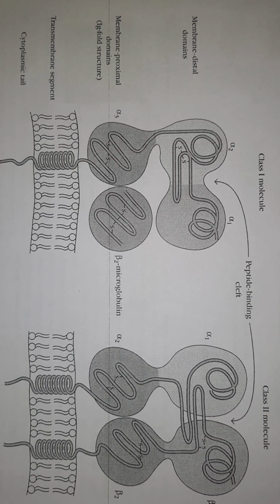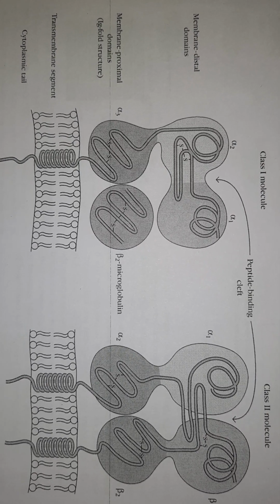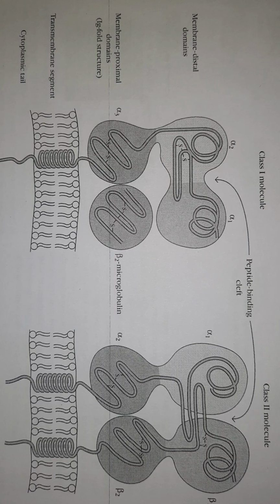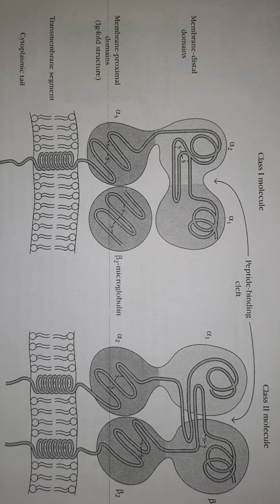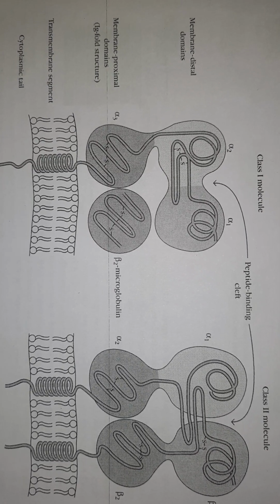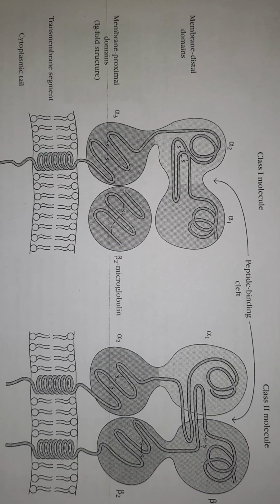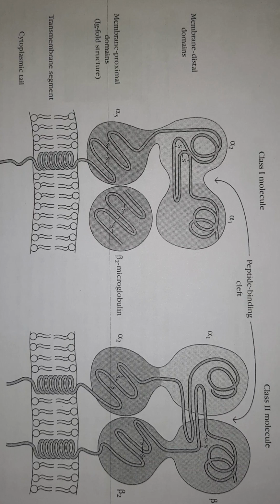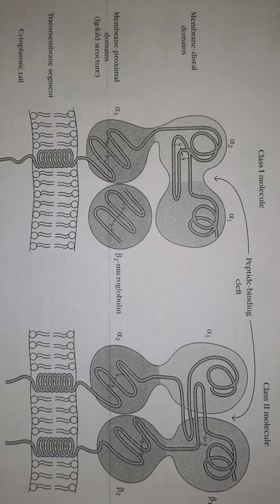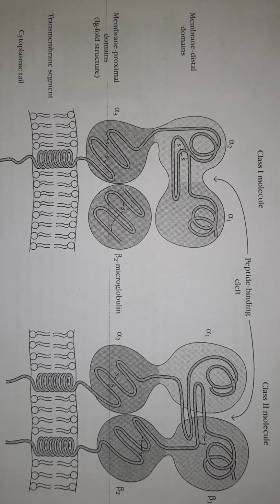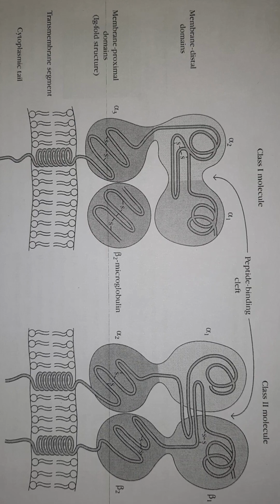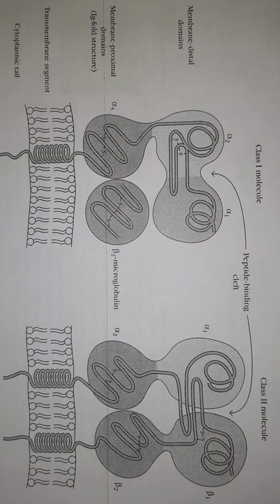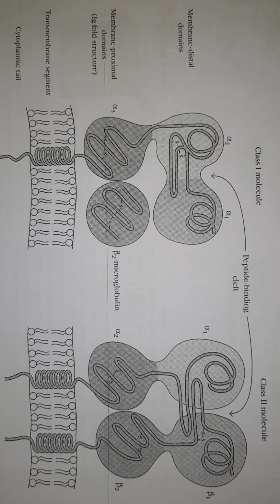The class 1 and class 2 MHC molecules are membrane-bound glycoproteins that are closely related in both structure and function. The class 1 and class 2 MHC molecules have been isolated and purified, and the three-dimensional structure of their extracellular domain has been determined by X-ray crystallography.